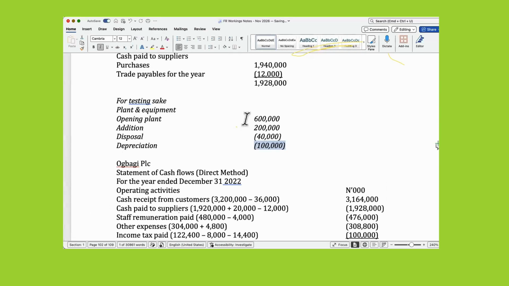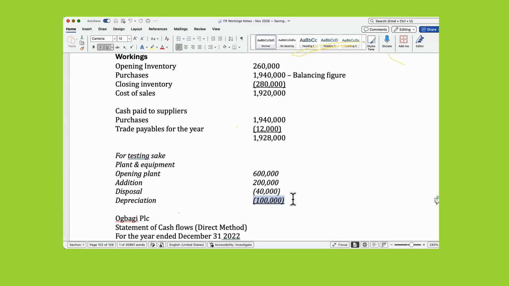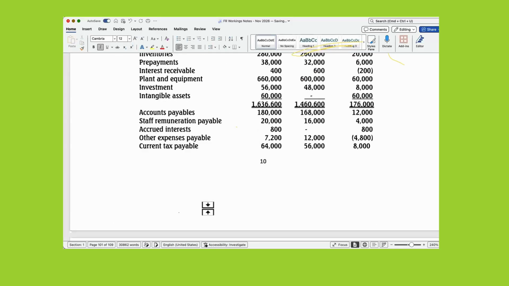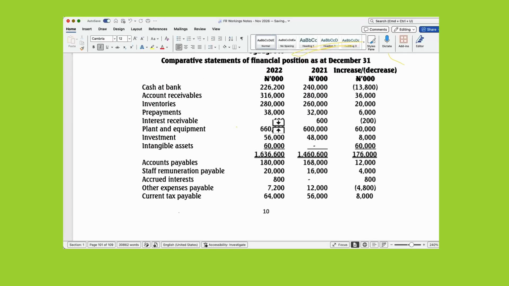So what's the balance? 660. Okay. 660. Is it the same thing as the 660 here? The closing? Yes. Is it the same thing?